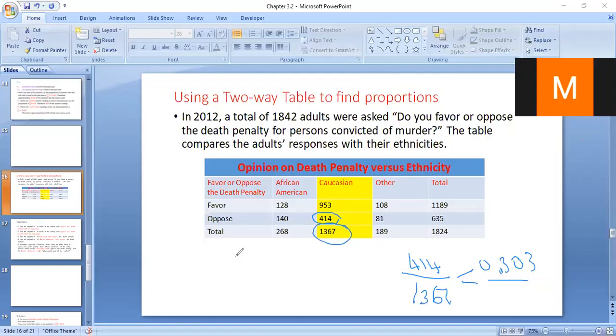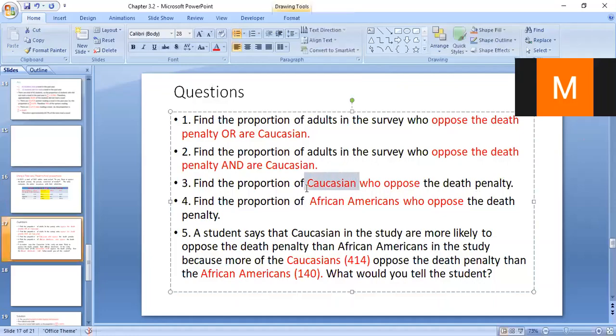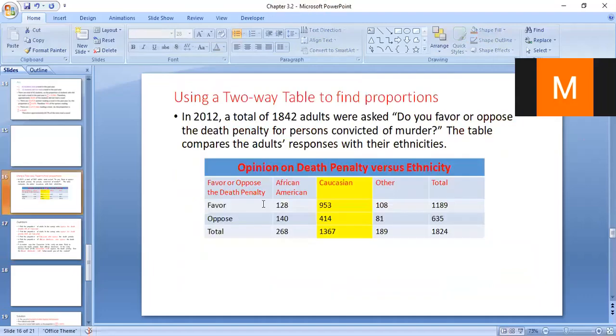This is question 3. You depend on the question. You look at the question. The question is the proportion of Caucasian who uphold the death penalty. You focus on the Caucasian who uphold. And you look here, the Caucasian is 1,367 people, but the people who uphold is 414.